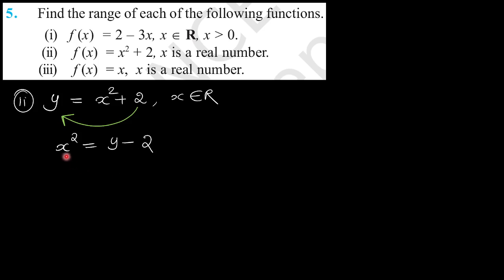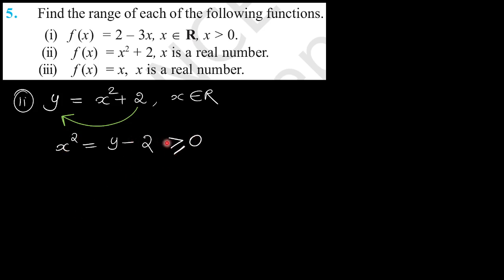X square is the square of some real number, and the square of a real number will be positive, or it can be 0 also. I hope you have understood the reason.